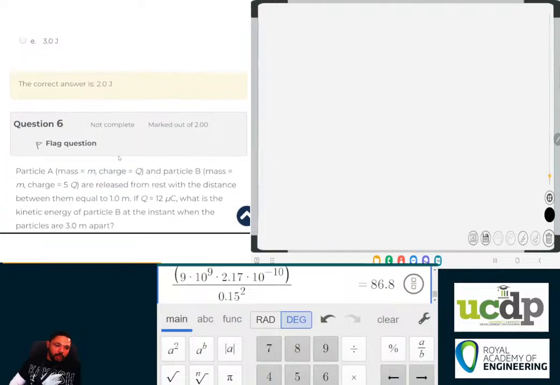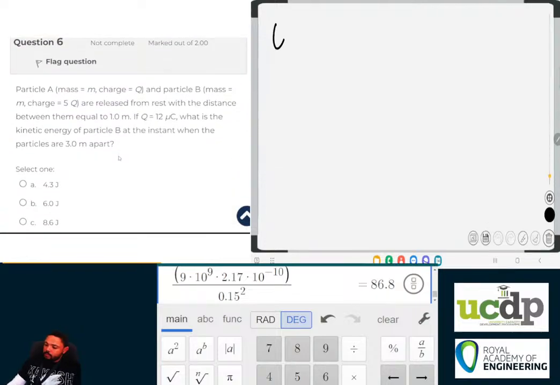Okay. Question number 6. A particle A with a mass of m and a charge q, and particle B with a mass m and charge 5q are released from rest.